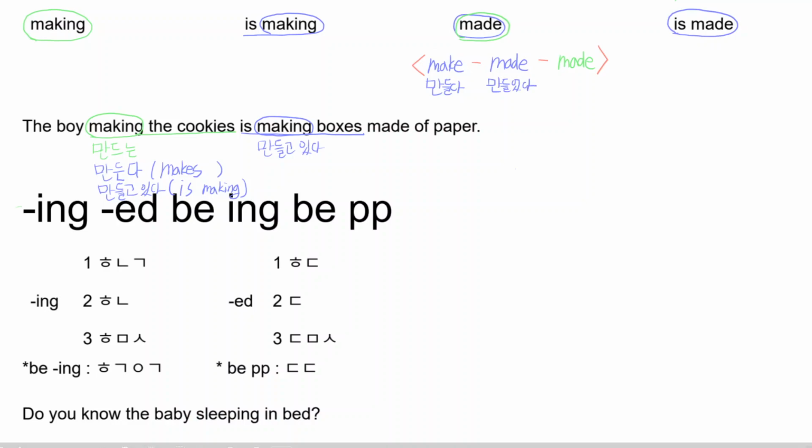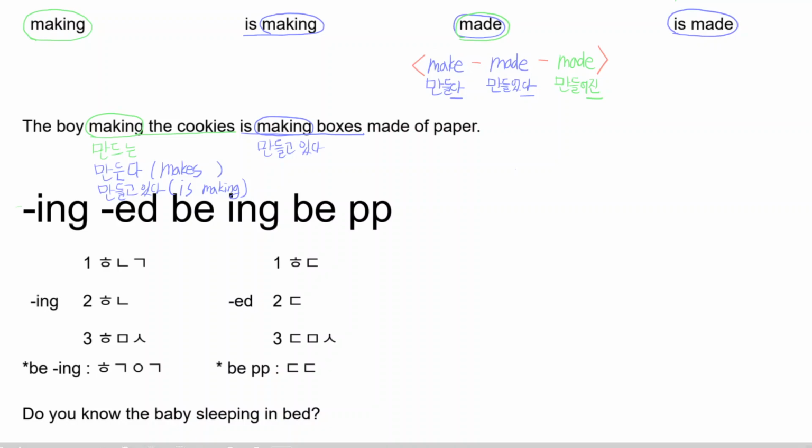And what is made, the third, green made, in Korean? What is made in Korean? 만들어진. Actually, it is 만들어진. So it doesn't end with 다 like everything else. So this is not a finite verb.